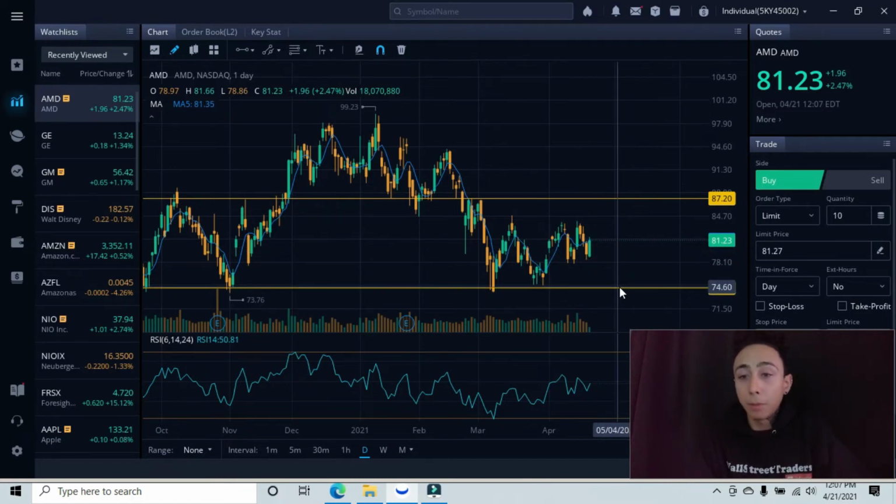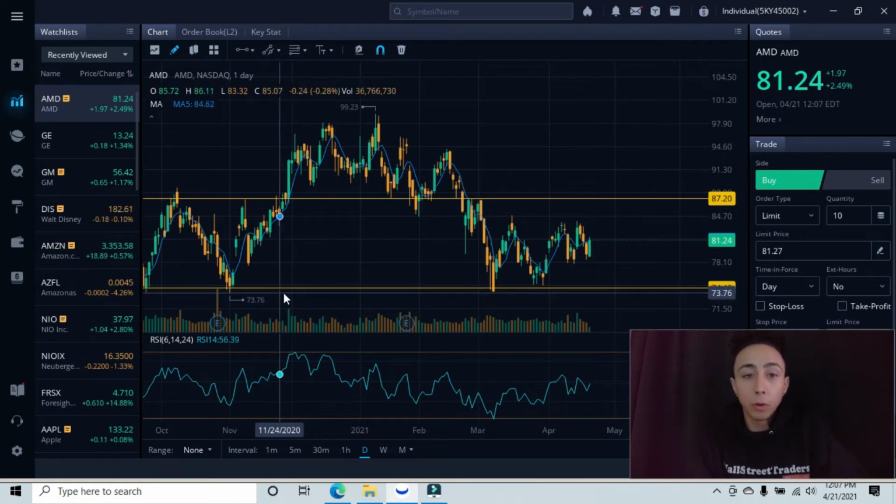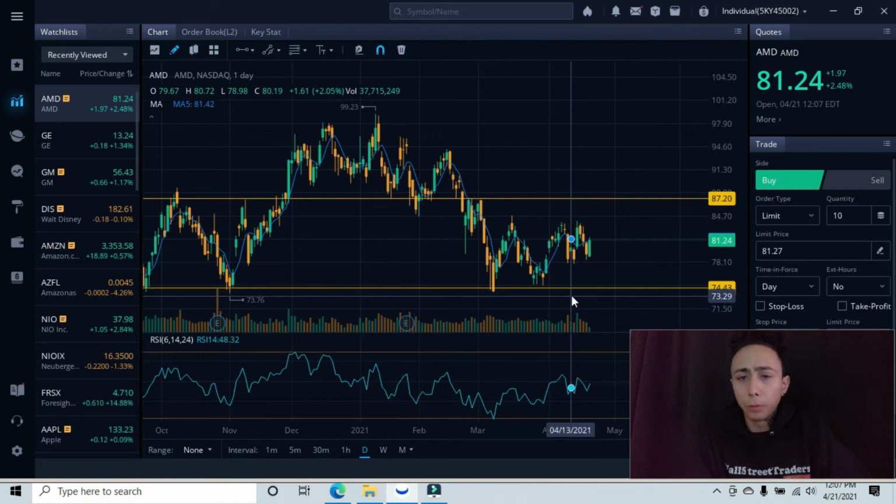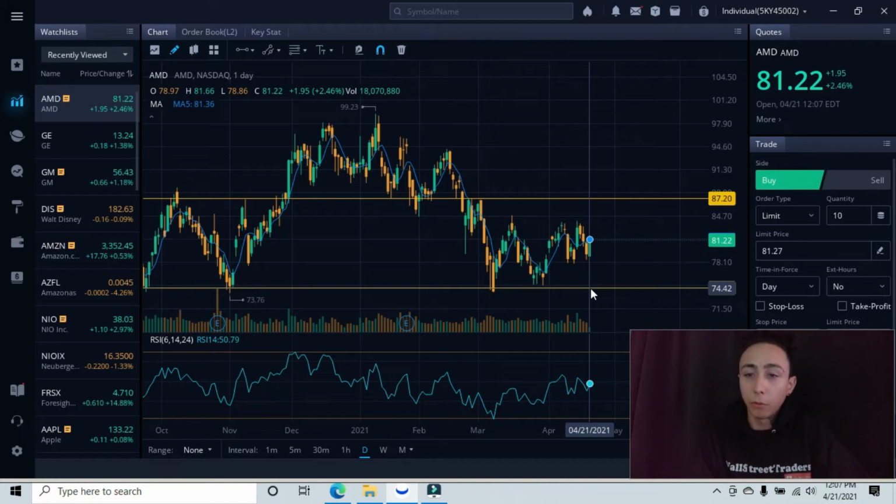Have your stop loss set, or your mental stop loss, below these candlesticks over here, so that'd be below the $73 area. So your entry, like I said, would be at the 74.50 or 74.42, and then your stop loss below that. Give yourself some wiggle room just in case we have a candlestick wick peek through that level and you don't get tagged out, and then ultimately it bounces off of that level and goes higher.